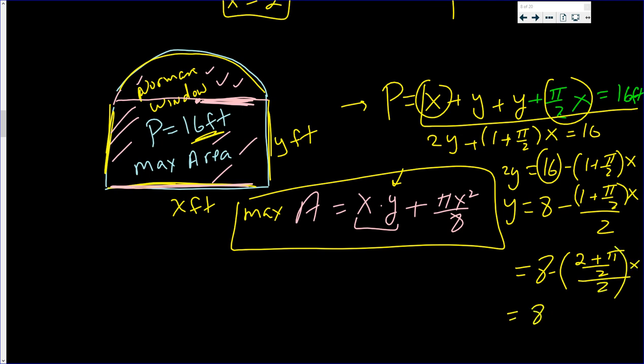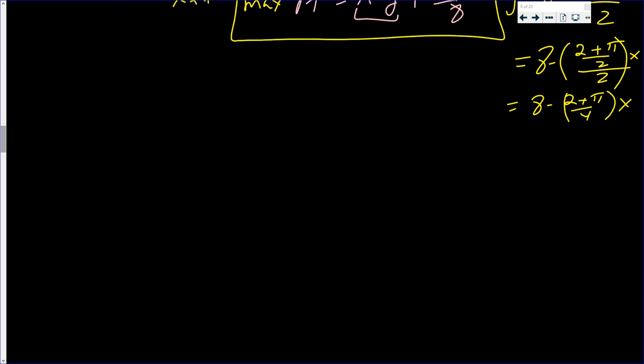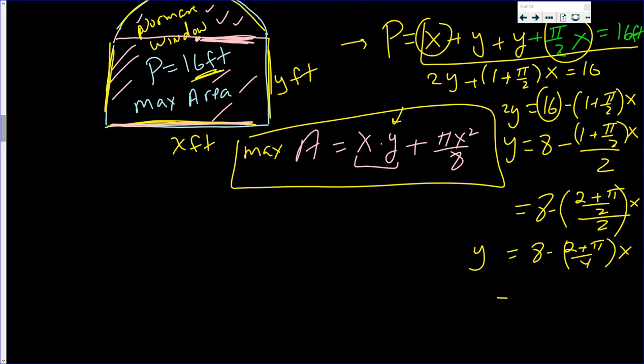Well, that's 8 minus (2 plus pi over 4) times x. And let us keep hacking at this. Okay, actually, that's enough. That is what y equals.